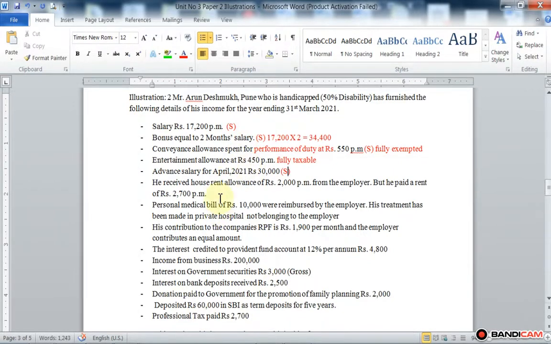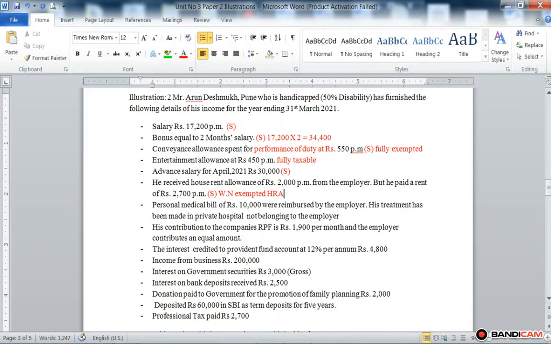Then HRA: Mr. Arun Deshmukh received a house rent allowance of rupees 2,000 per month from his employer, but he paid a rent of rupees 2,700 per month. It is also part of salary, but here we need to compute a working note of exempted HRA.